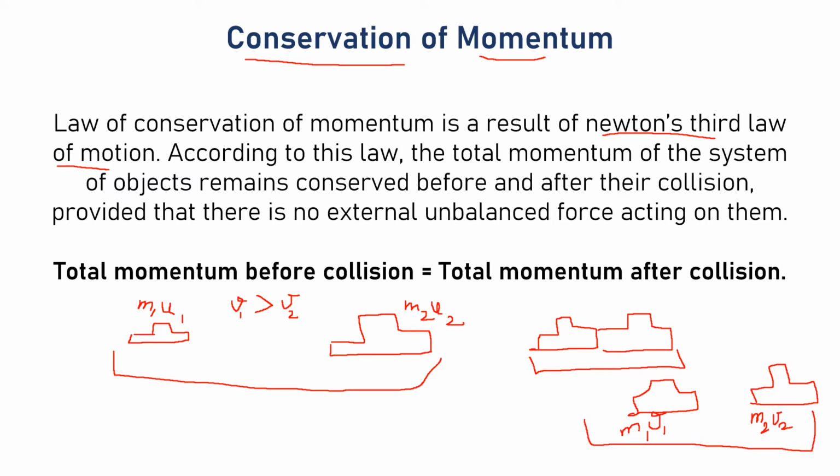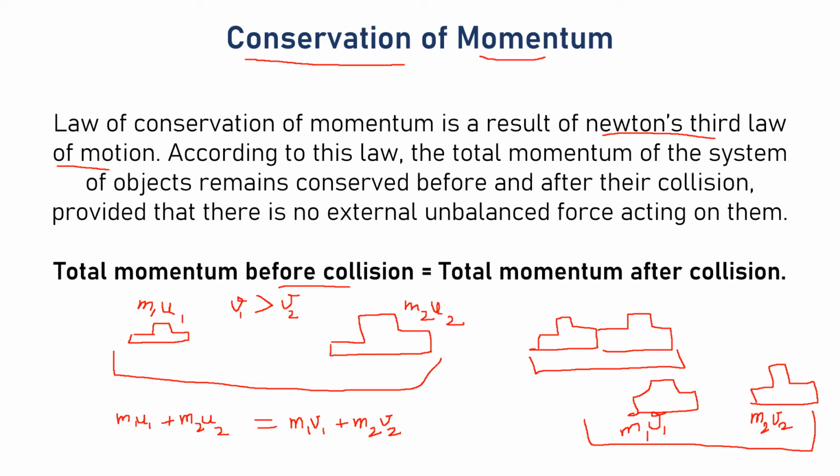The total momentum before the collision, which is m1 u1 plus m2 u2, the momentum of both cars, is equal to the total momentum after the collision, which is m1 v1 plus m2 v2. So this is what the law says.